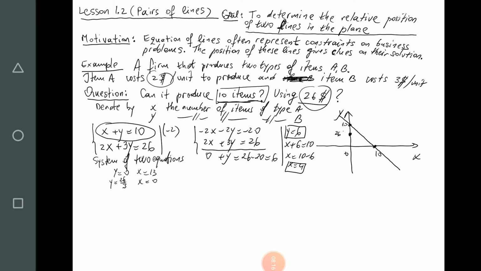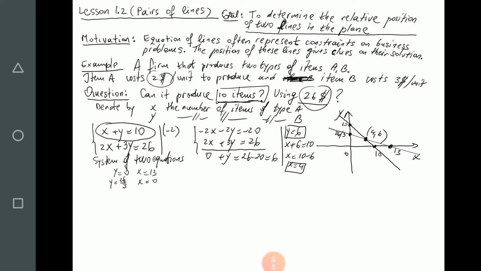Let's say this is 26 over 3. And if y is 0, x is 13, which is further to the right of 10. So that's the other point of the other line. And let's sketch it. And then the intersection point that we just determined, the solution of the system, will be 4 and 6. So the two lines are intersecting, which means there is precisely one solution.